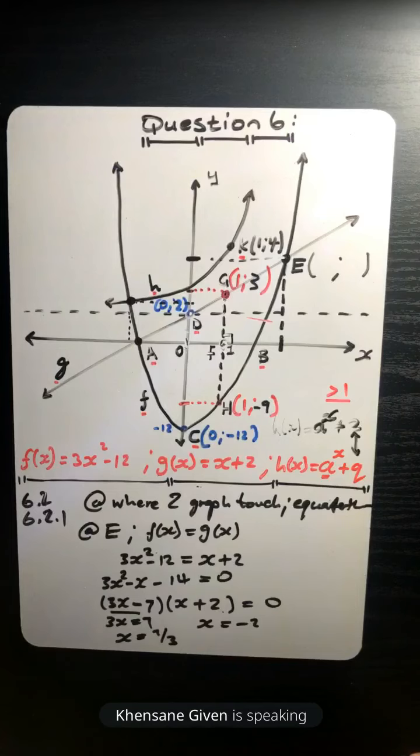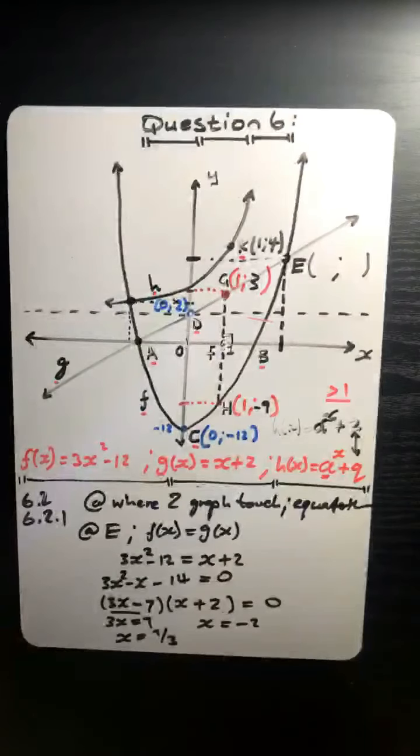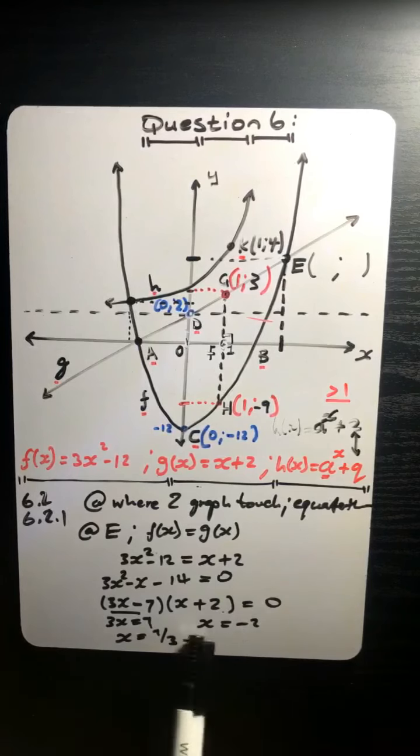Non-applicable response, okay, noted. But Lerato, you say we can't use -2, it's a negative value, and our functions intersect in the first quadrant. That one I get, Lerato, but this one, what does it mean?